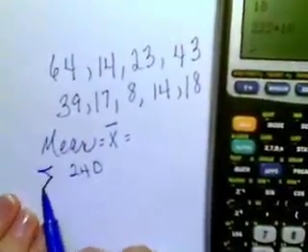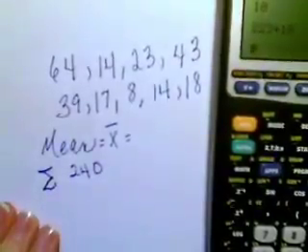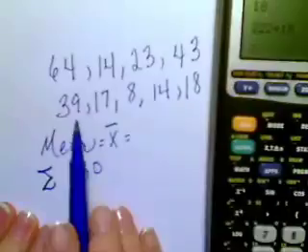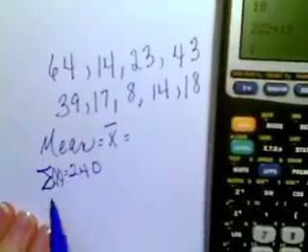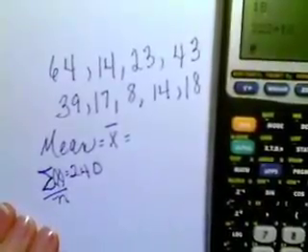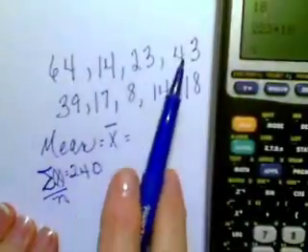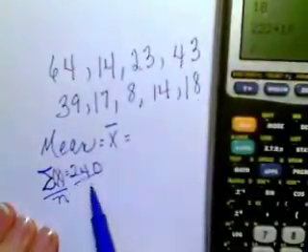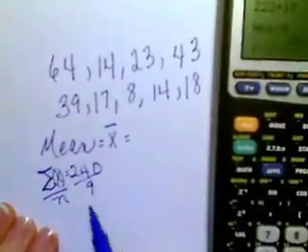Sometimes we use sigma to represent sum. If I find the sum of all x values and I divide by the number of values that I have, 2, 4, 6, 8, 9, I get the mean.